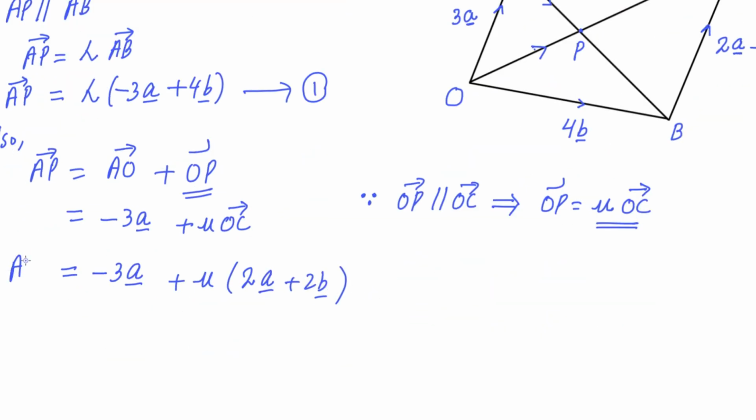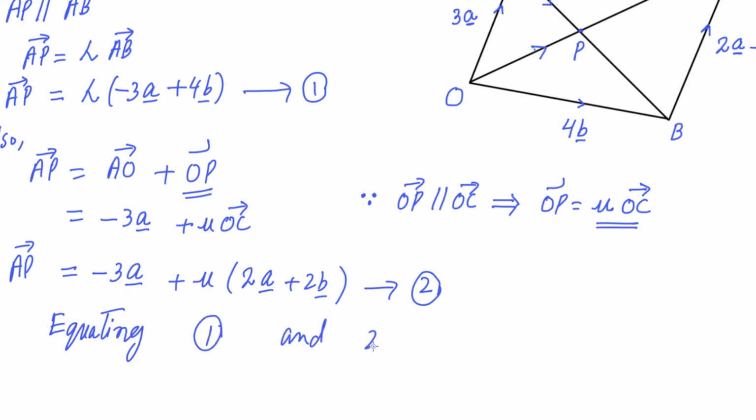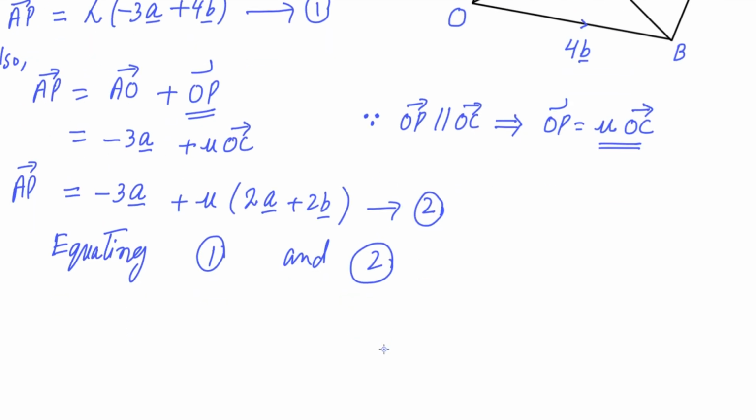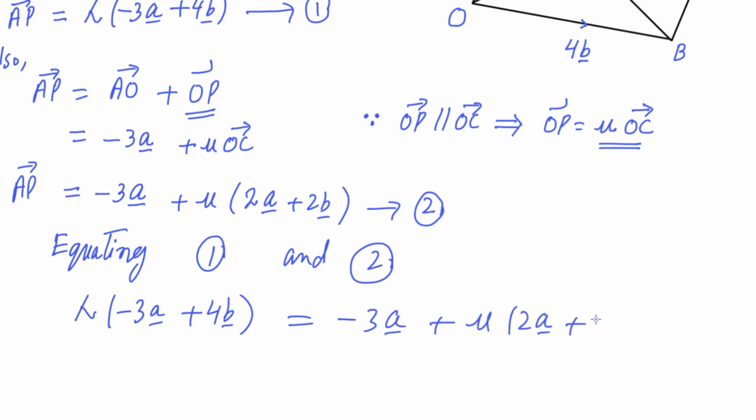Now these two equations are both equal to vector AP, so you can equate them, equating equation 1 and 2. So we can write lambda times minus 3A plus 4B is equal to minus 3A plus mu times 2A plus 2B. Hopefully you understand up to this point. Now we will expand the brackets.